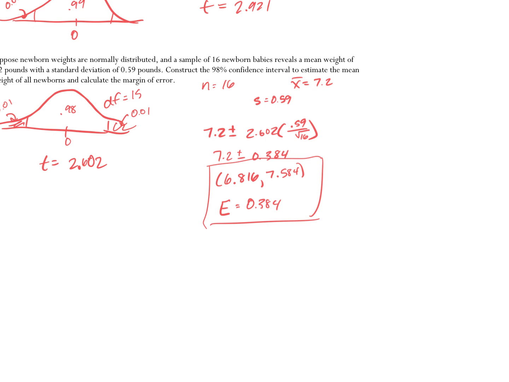In this case, we have the summary statistics, and we can just type in what my mean was: 7.2. My standard deviation was 0.59, my sample size was 16, and my confidence level was 0.98.